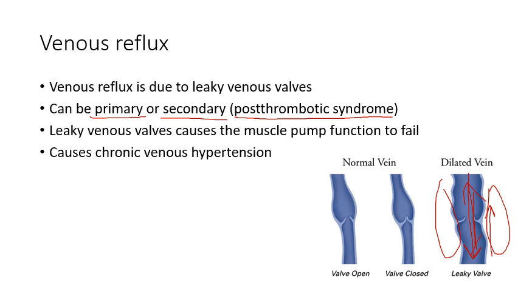I want you to understand that leaky venous valves will cause this muscle pump function to fail because the blood will fall back down and the pressure will not be lowered, and eventually this will cause a chronic venous hypertension. So it will cause a chronic increased pressure in the veins of the lower extremity.